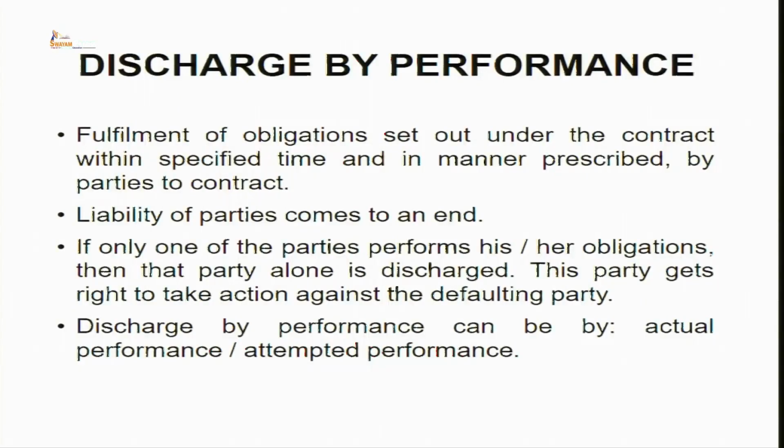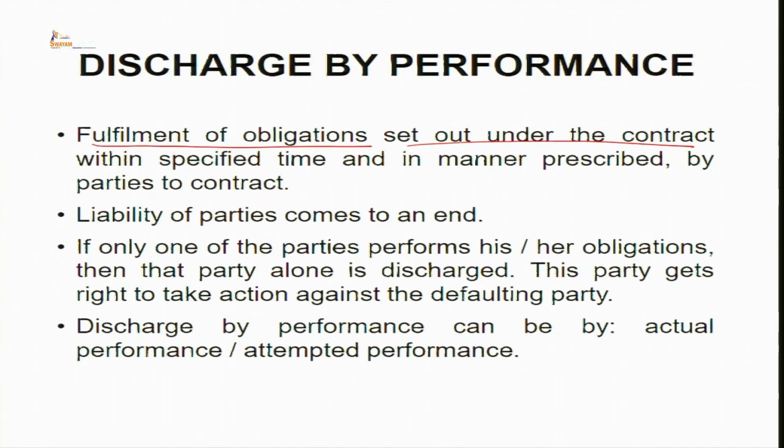We will start with discussing in detail the first mode of discharge of contract, that is discharge by performance. Fulfillment of obligations set out under the contract, this is important, set out under the contract. The terms of the contract have to be performed or fulfilled as it is.